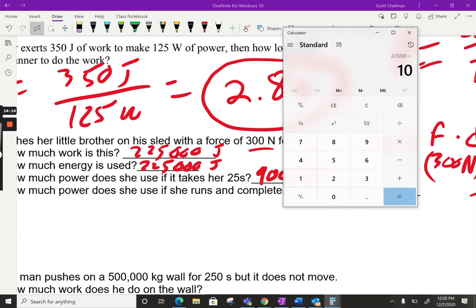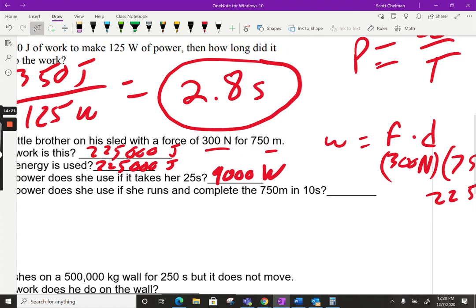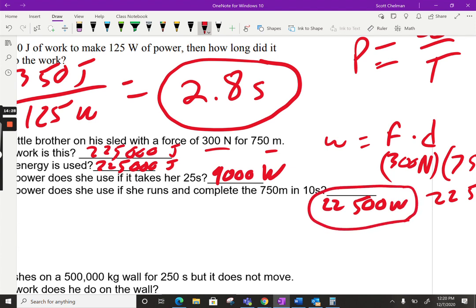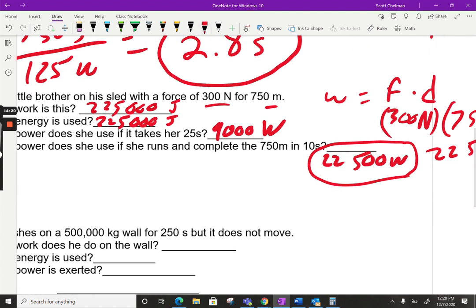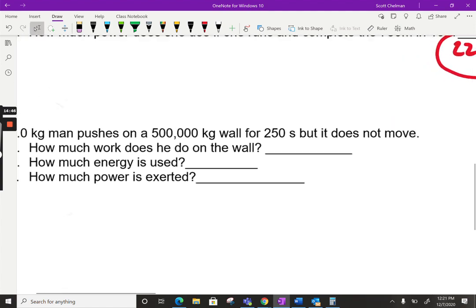Divided by 10 instead of 25. Yeah. So 22,500. Okay? So, remember those inverse and direct relationships, power is an inverse relationship with time. The faster something's done, the more power is involved. All right?